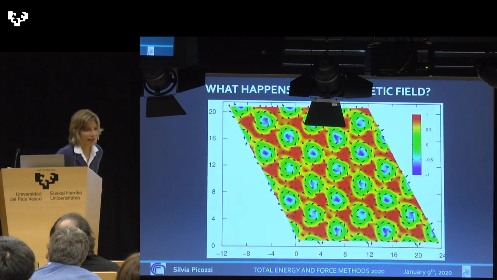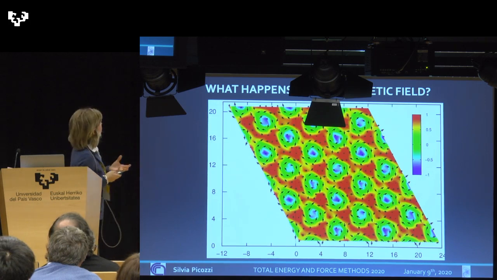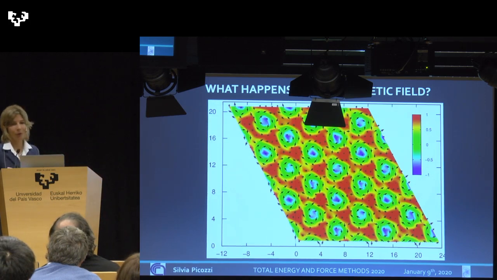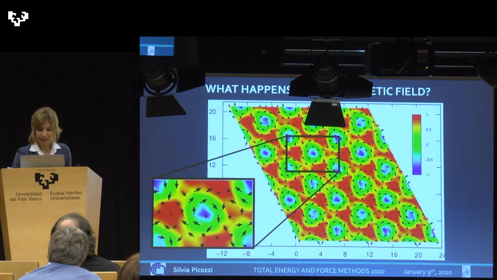So what happens under magnetic field is the other question. If I now apply, in a Monte Carlo approach, a Zeeman term, what happens? The NiI2 now transforms into a more conventional skyrmion pattern.